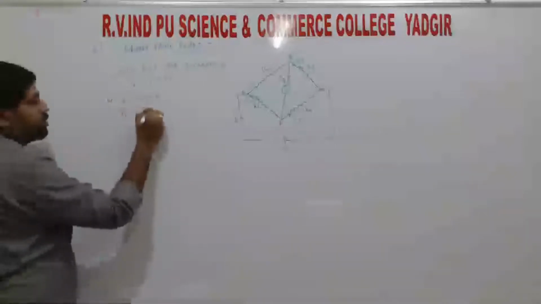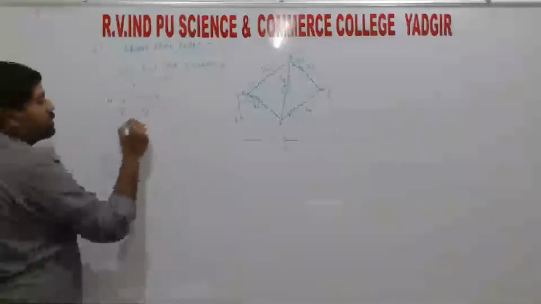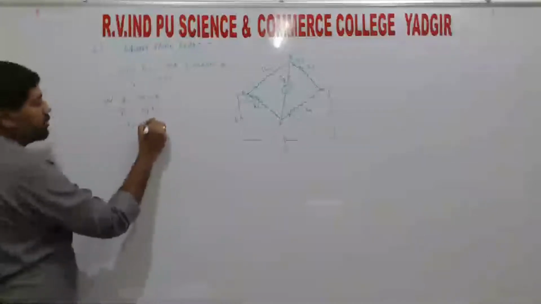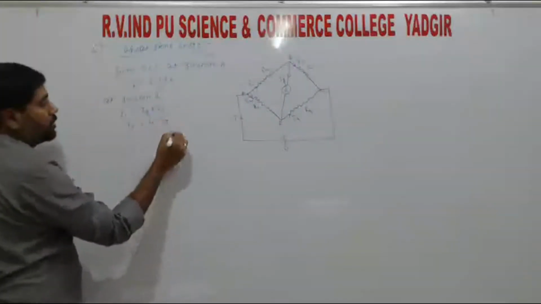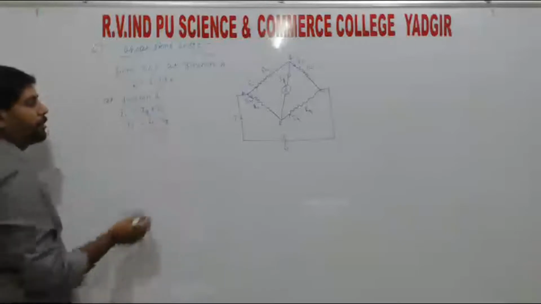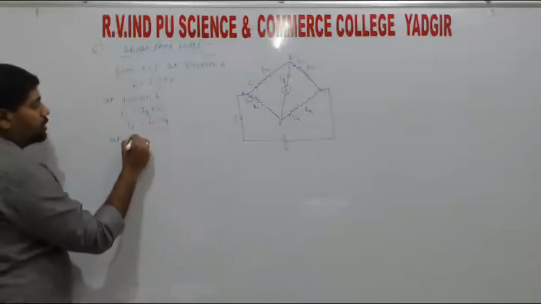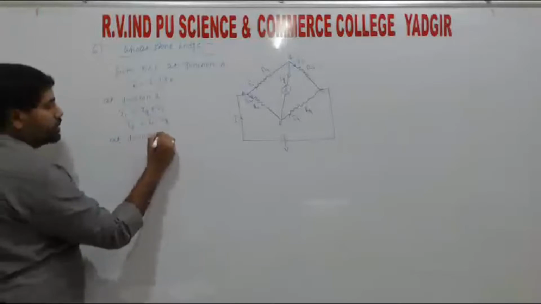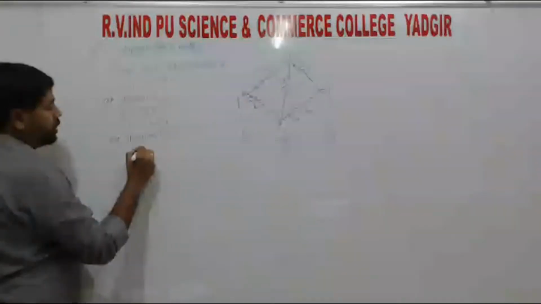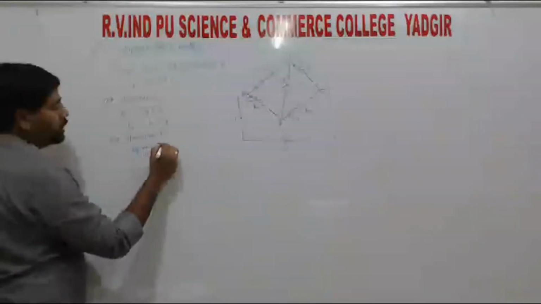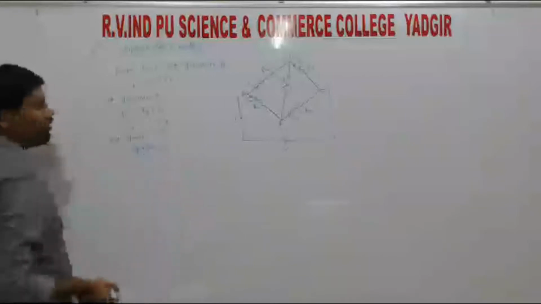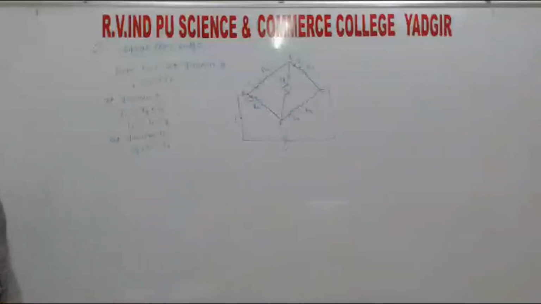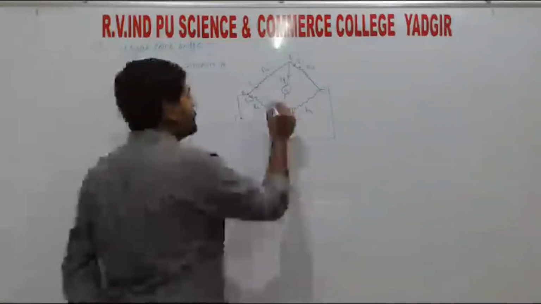So I1 is equals to IG plus I3, so from that we can write I3 equals I1 minus IG, right? So at junction D, IG plus I2 is equals to I4, right?